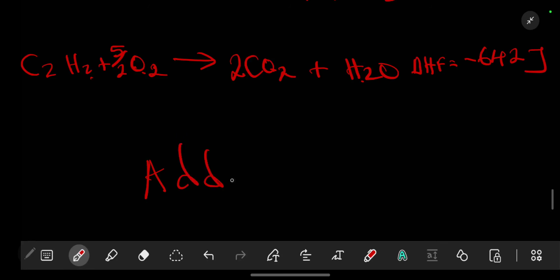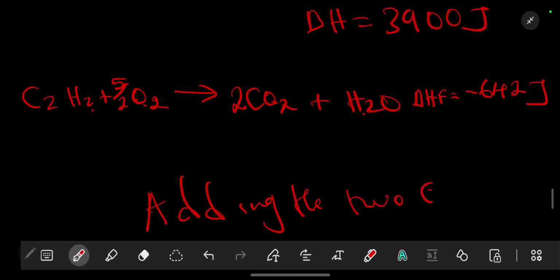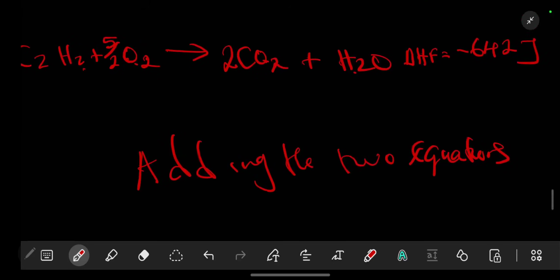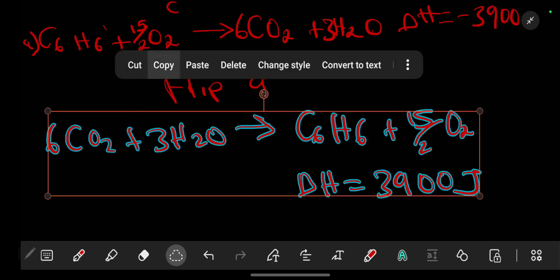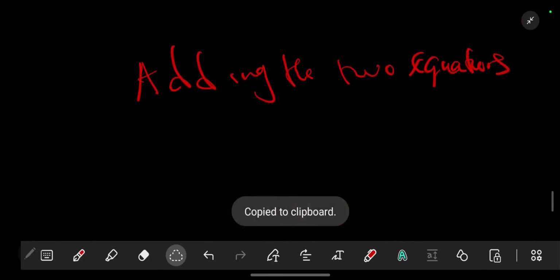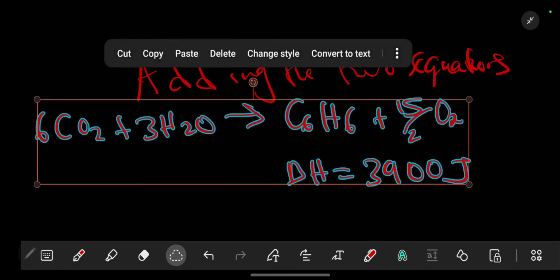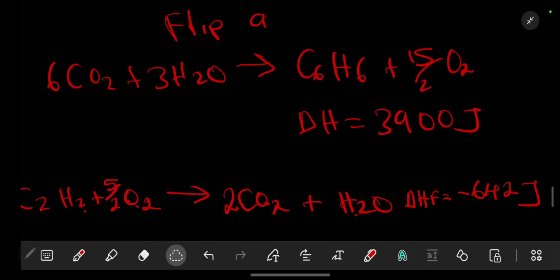So adding the 2 equations, we are going to have this equation and this other equation.